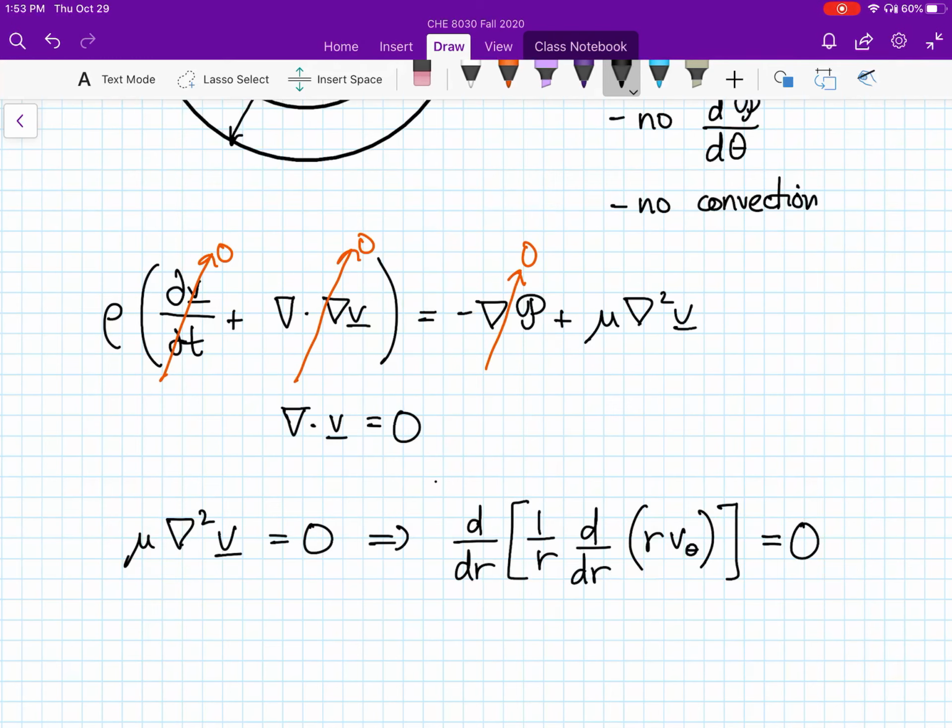Okay, this is my governing equation for this scenario.